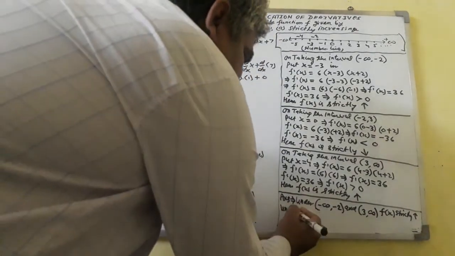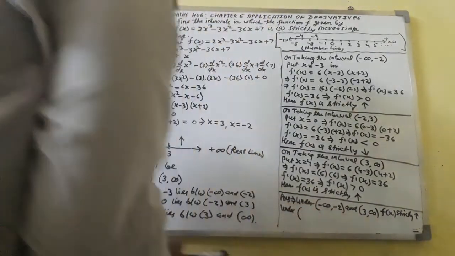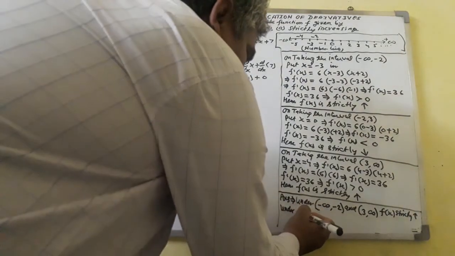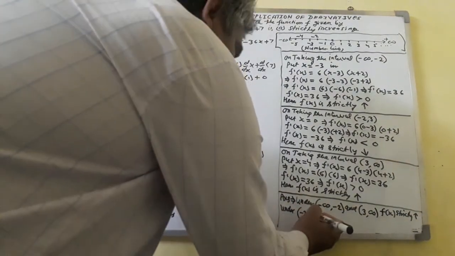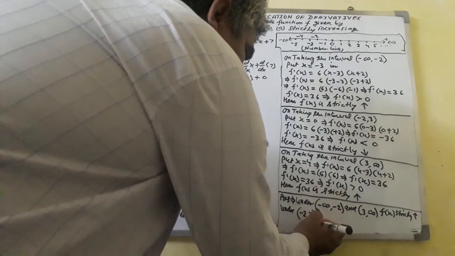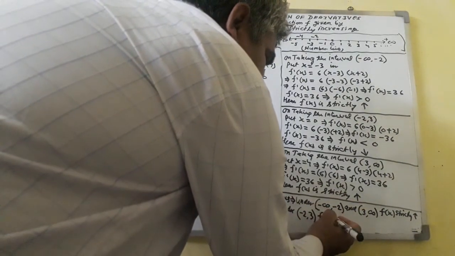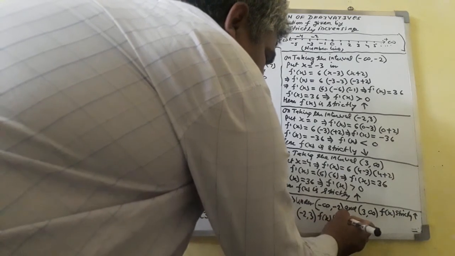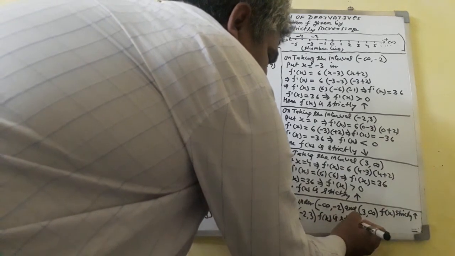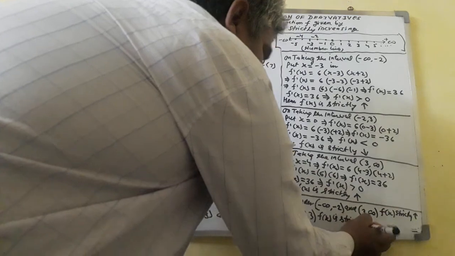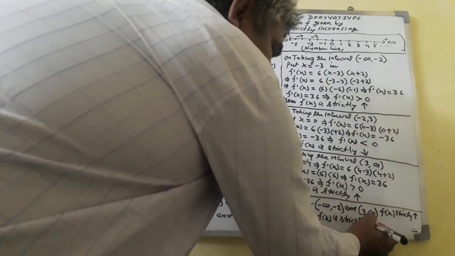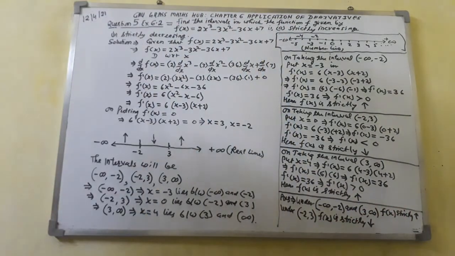And under open interval minus 2 comma 3 open interval f of x is strictly decreasing. This will be the answer we have got.